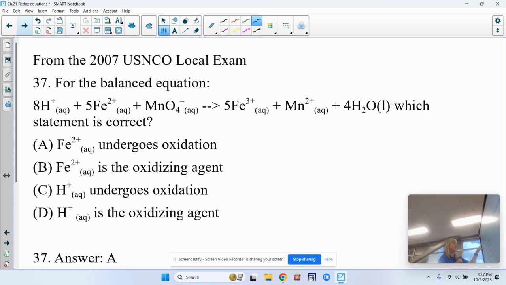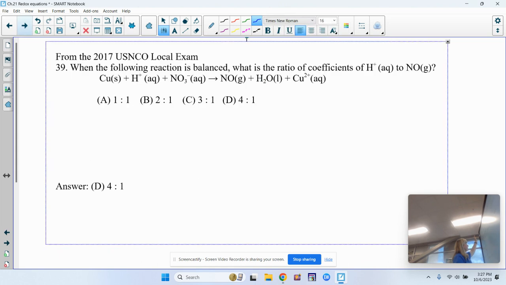So yeah, Fe plus 2 is undergoing oxidation. That is true. Is Fe plus 2 the oxidizing agent? No, if it's being oxidized, it's the reducing agent. And then H plus is undergoing oxidation. Is that true? No, it's plus 1 on the reactant side, and in water, it's still plus 1. So H plus is not undergoing oxidation, and it is not the oxidizing agent. So the correct answer is A.